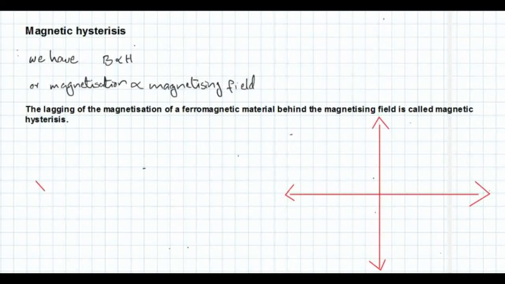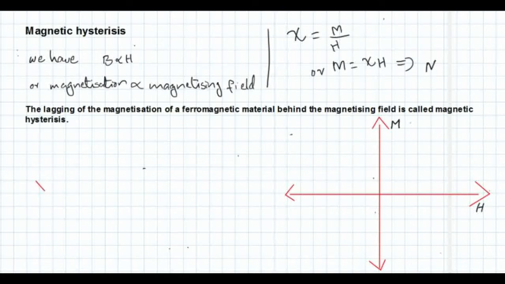And it is normally shown with a graph. Here we have the magnetizing field H, and here M represents the intensity of magnetization. Suppose we are increasing the magnetizing field, and we have a ferromagnetic material which we want to magnetize, or we want to increase the magnetic property of this ferromagnetic material.